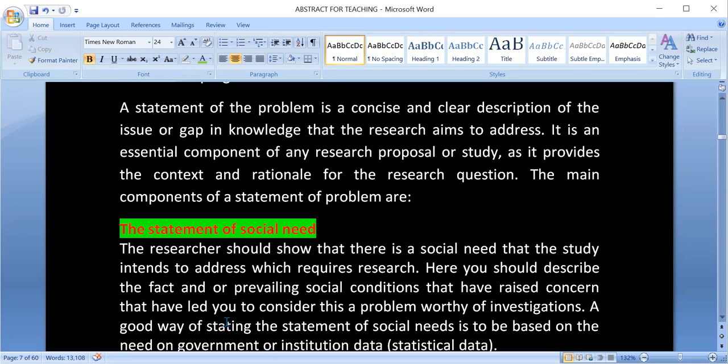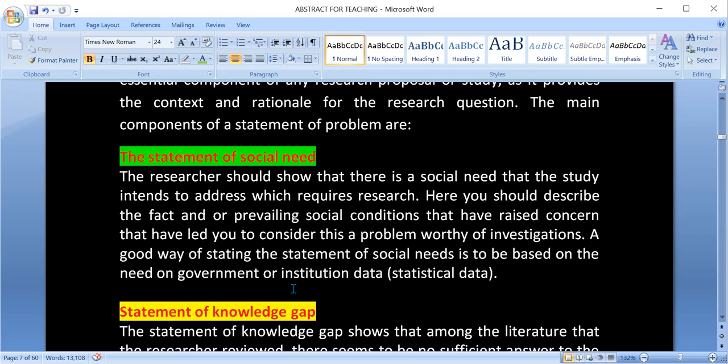You should describe the facts or prevailing social conditions that have raised concern that have led you to consider this as a problem worthy of investigation. A good way of stating the statement of social need is to base the need on government or institution data. So you can use statistical data that in a particular community, 10 in 100 children are now coming down with marasmus.